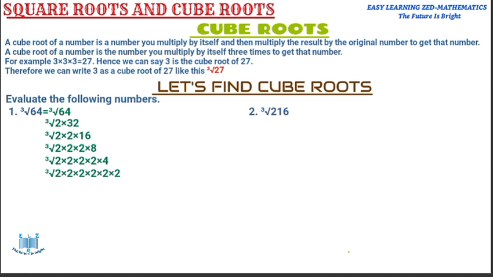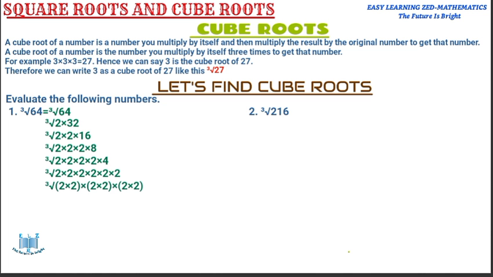So the first 2 2's will be in one group, then the middle 2 2's will be in the second group, and the last 2 2's will be in a third group. So it will be like this. I've paired them in 3 groups, and these groups are identical, and they give the same product.